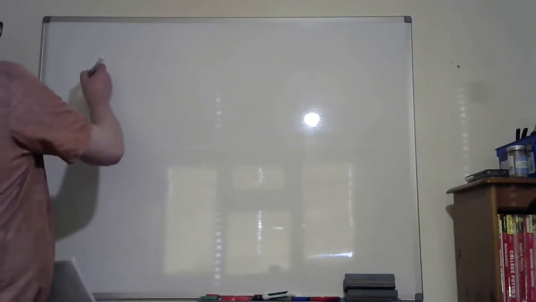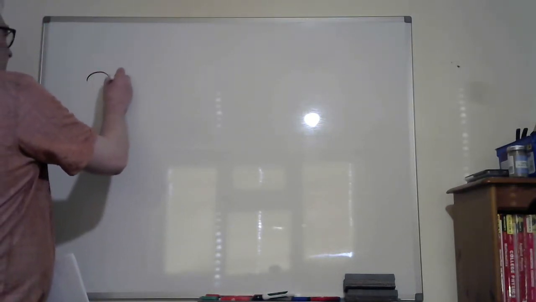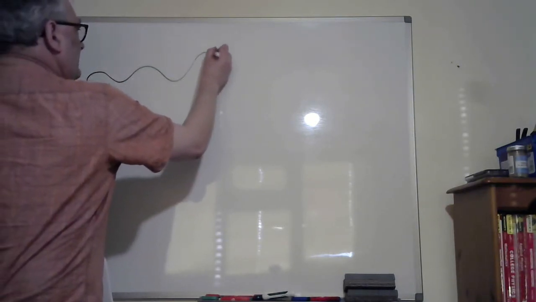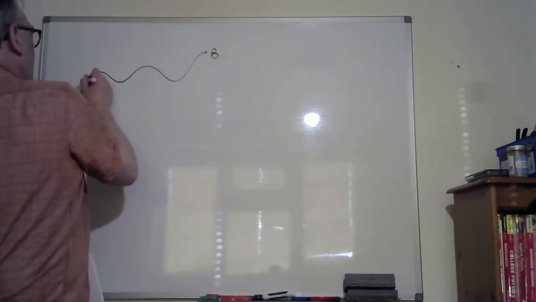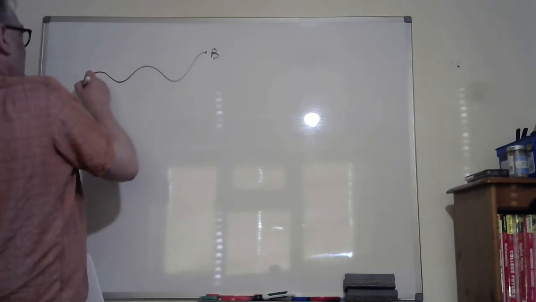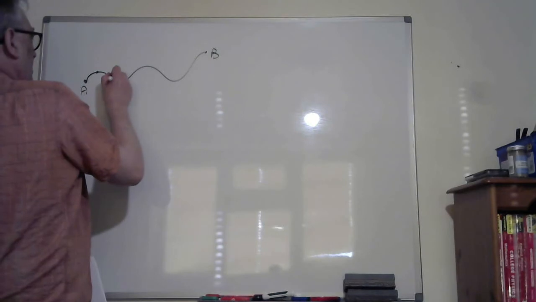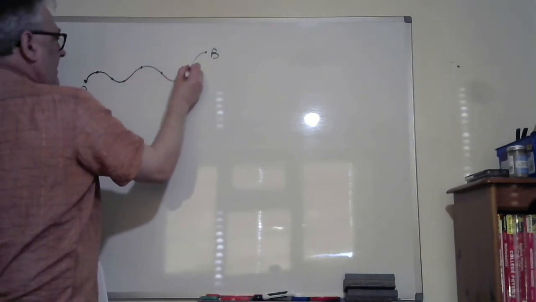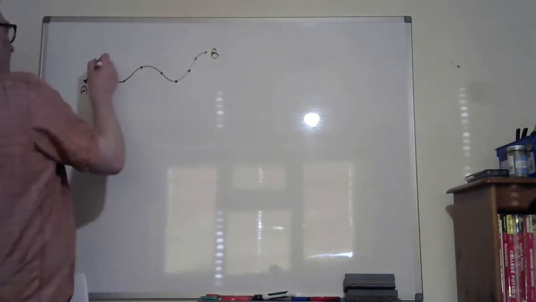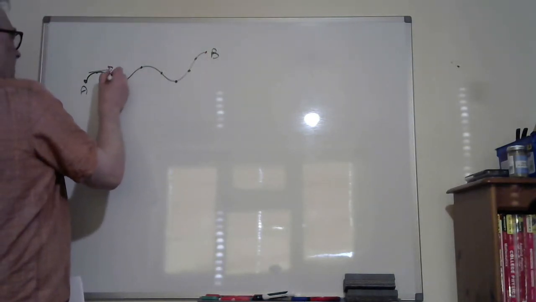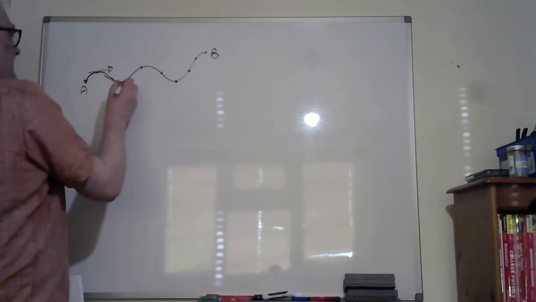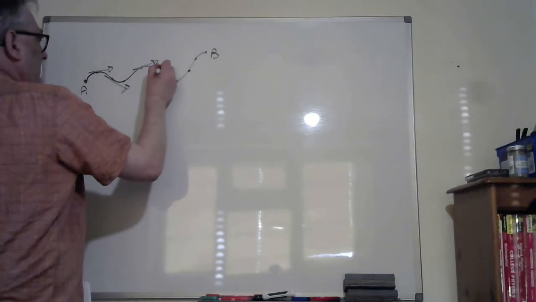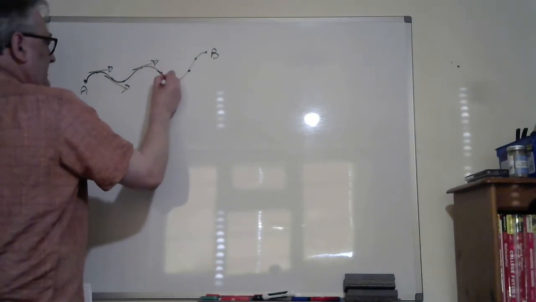So let's suppose we have a curved path like this going from point A to point B. Now, as the body moves through all these points like this, here, here, and here, and so on, it's got a velocity that is tangential to the point on the curve through which the body is passing.